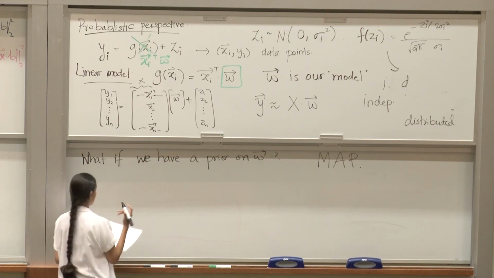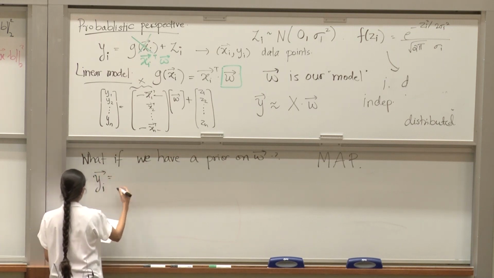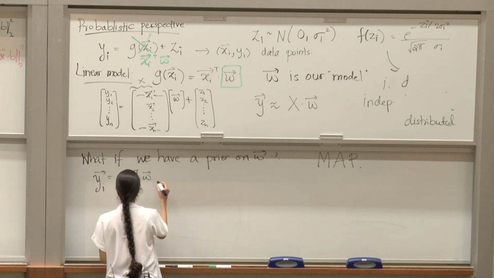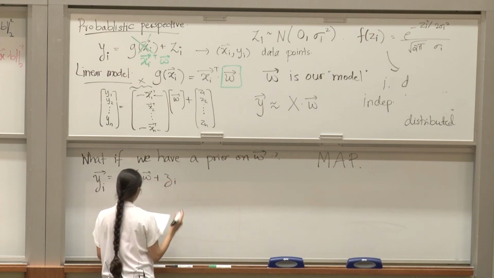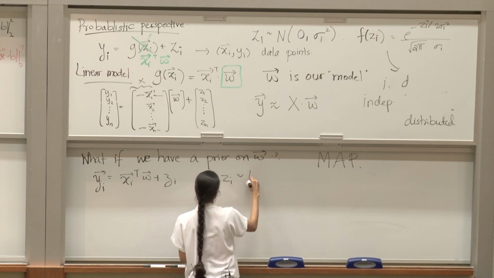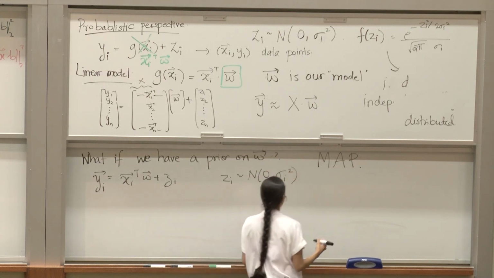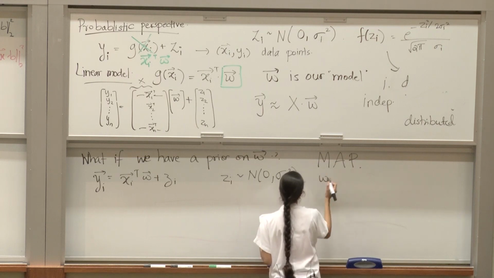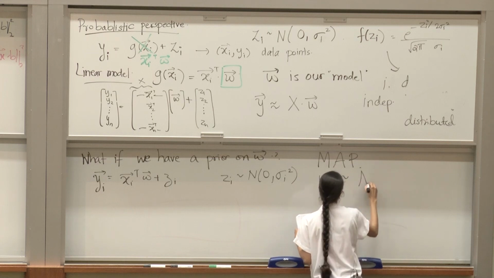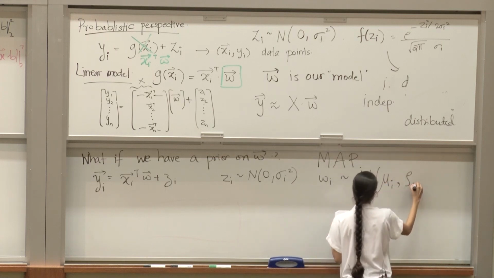We're going to assume the exact same model, yi is equal to xi transpose w plus zi, and let's assume that zi are again distributed normal 0, sigma i squared. And now I know that every entry of w is distributed according to normal mu i, rho i squared.